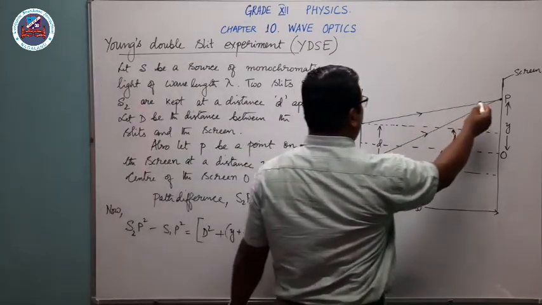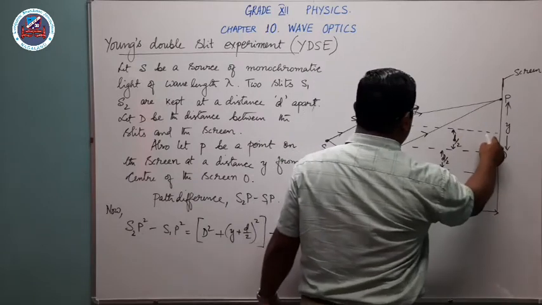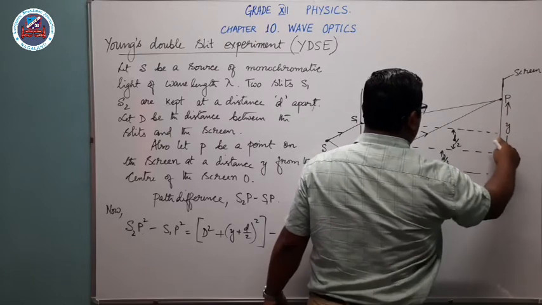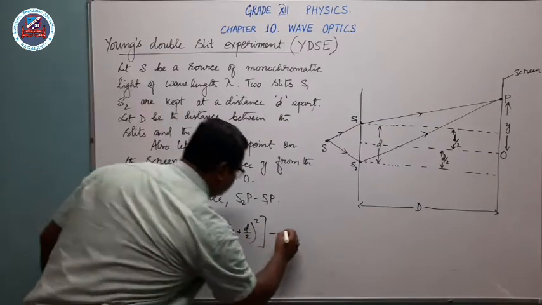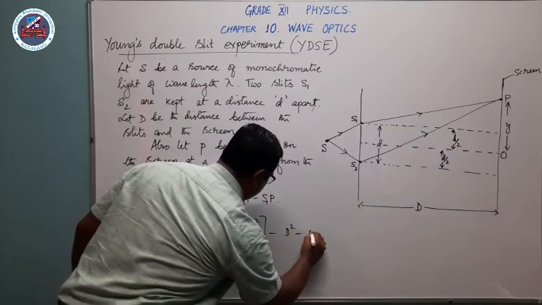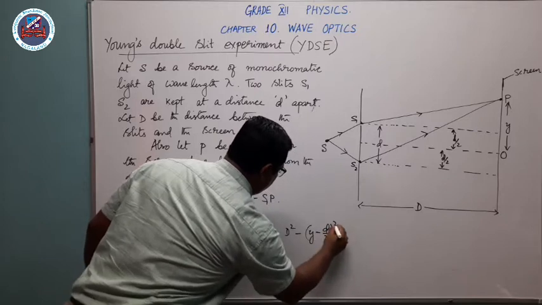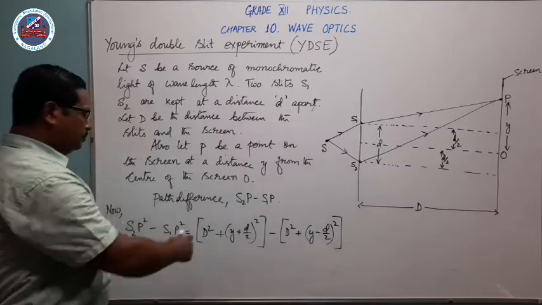Now in this right triangle we have to take S1P square. Then this is again D square, and this distance will be Y minus D by 2. So D square plus Y minus D by 2 whole square. Then we will proceed ahead.